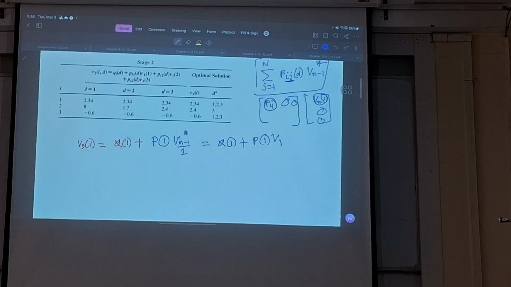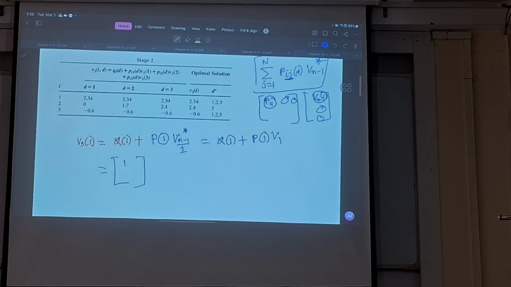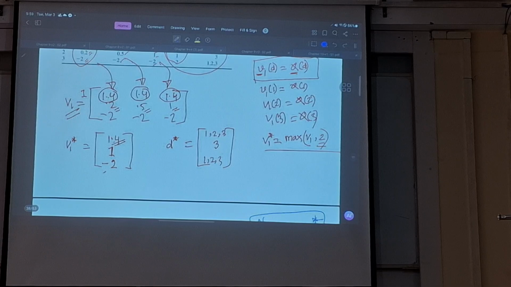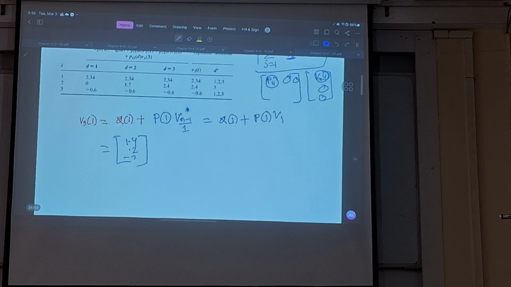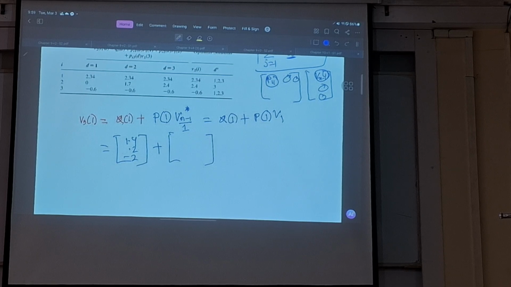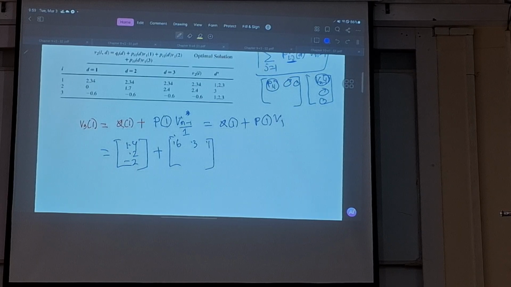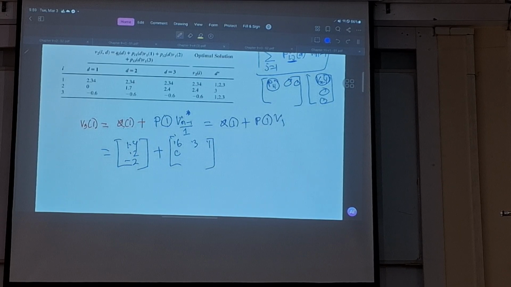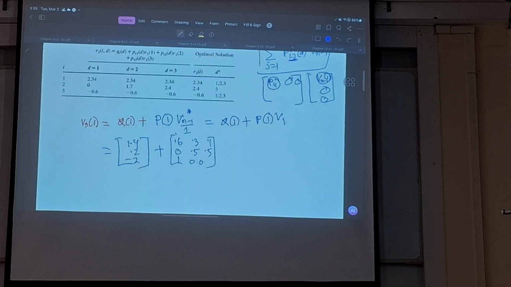If we write this one, then what is the value of E1? 1.4, 0.2 minus 2, right? 0.2 minus 2 plus, what is the value of P1? It is 0.6, 0.3, 0.1, this is 0, 0.5, 0.5, then 1, 0.